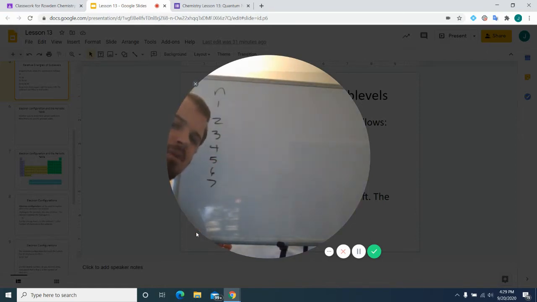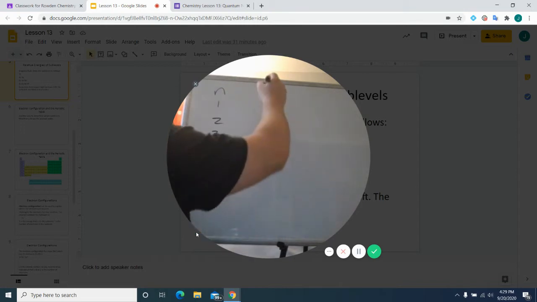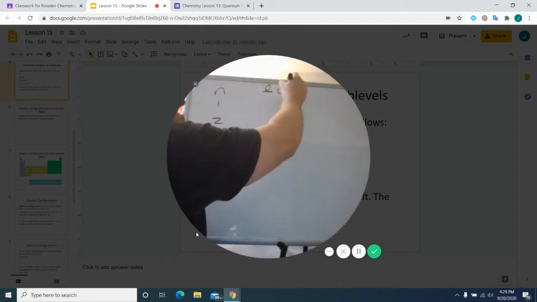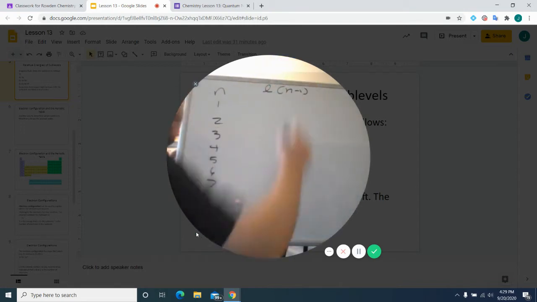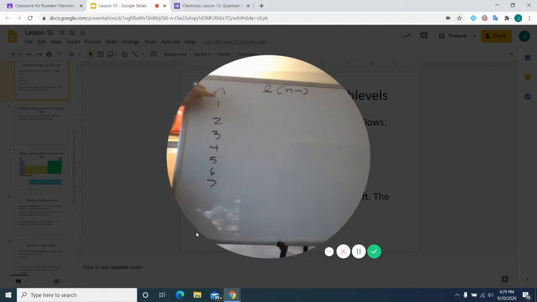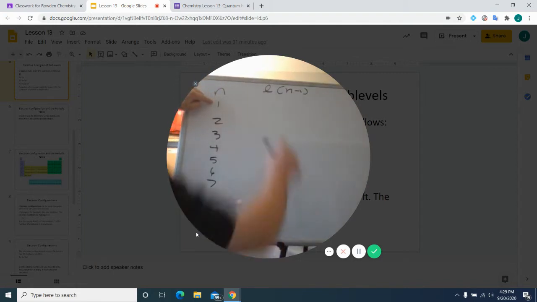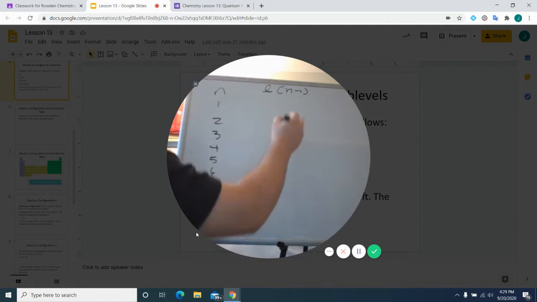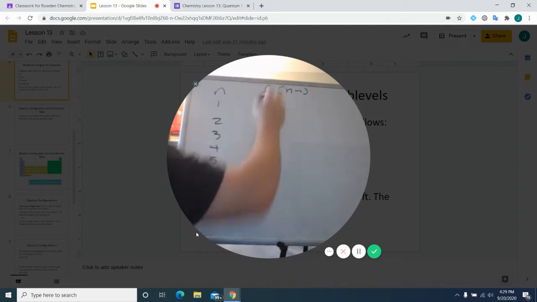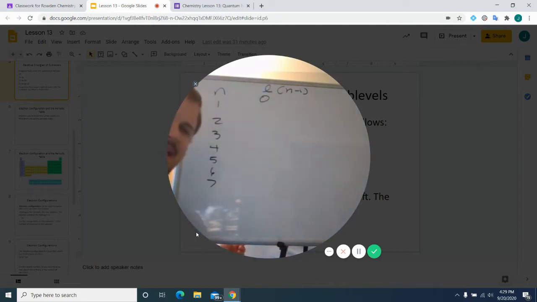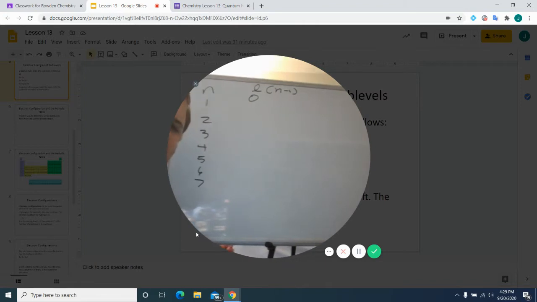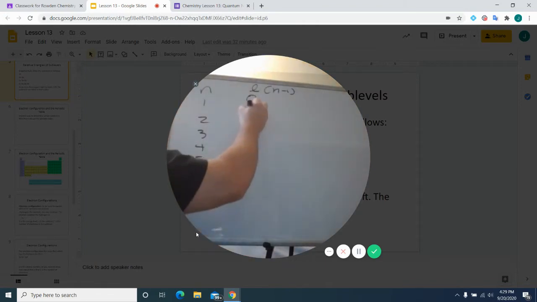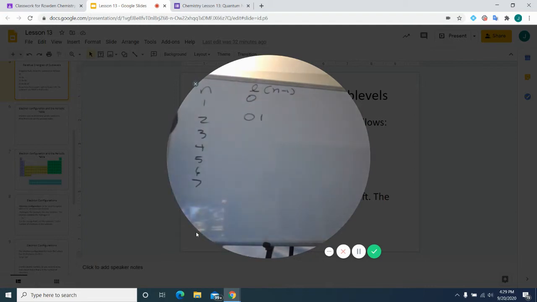Now remember, with L, the highest it gets is N minus 1. So when energy level is 1, what's the highest your sublevel can be? The highest it can be is 0. And it can't get any bigger than 0 because it has to stop at 1 below the energy level. Let's go at 2. We can have 0 and we can have 1, and that's it.